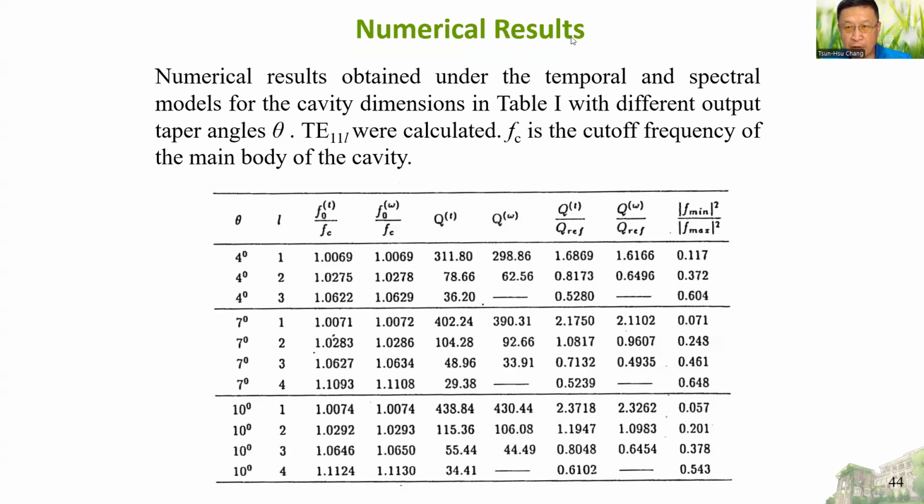Okay, numerical results. Numerical results obtained in the temporal, time domain, and spectral domains for the cavity dimensions in Table 1 with different output taper angle theta. For the TE11L modes we calculate, FC is the cutoff frequency of the main body of the cavity.